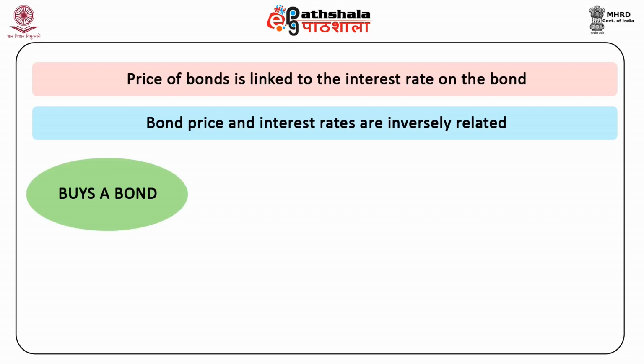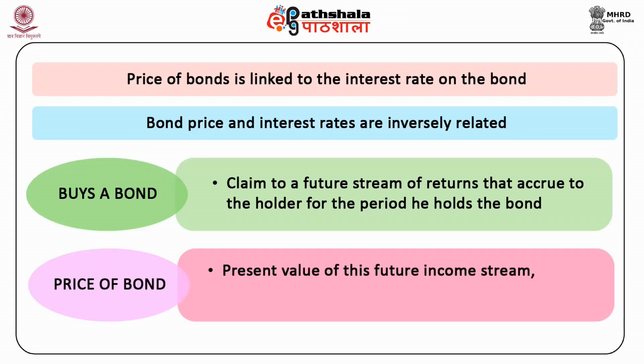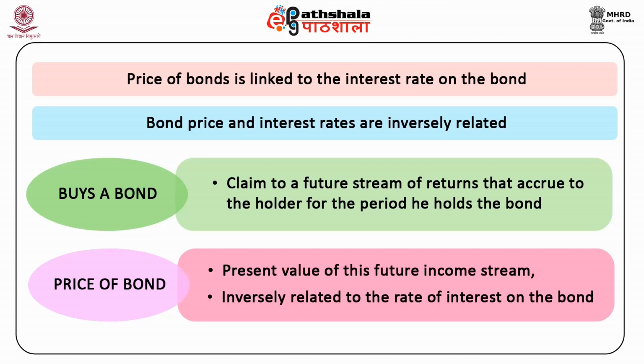When a person buys a bond, he essentially gets a claim to a future stream of returns that accrue to the holder for the period he holds the bond. The price of the bond is simply the present value of this future income stream, which is inversely related to the rate of interest on the bond.